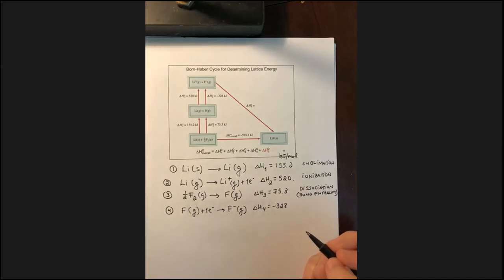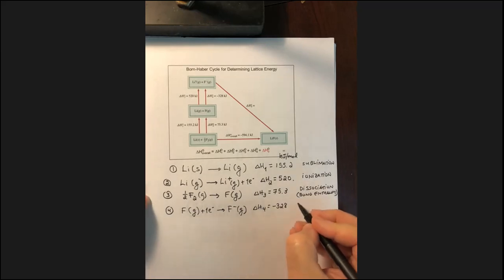And remember that in the discussion about periodic trends, we said that some authors will call this the electron affinity. In other words, the energy that is released as the anion is formed.